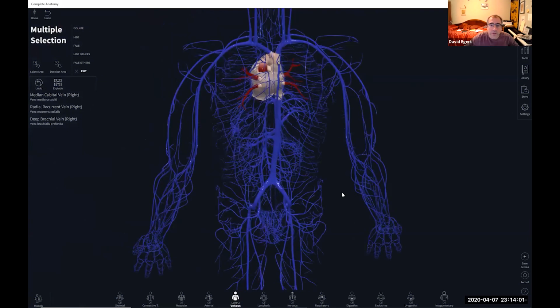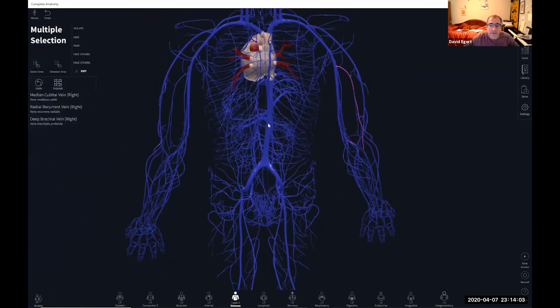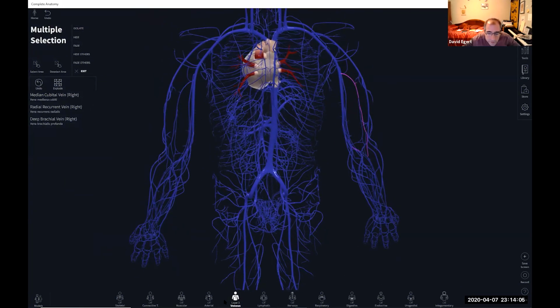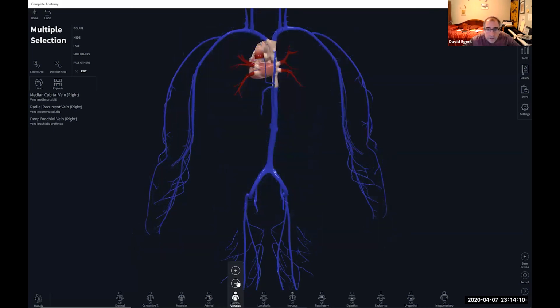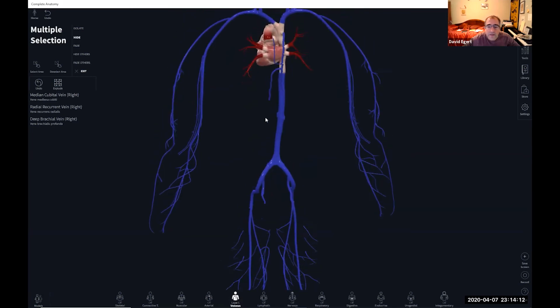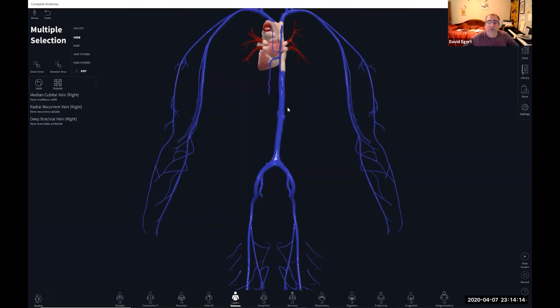When you get down a few layers, let me turn this off now. When you are looking at the drainage of the digestive organs, you don't see it.